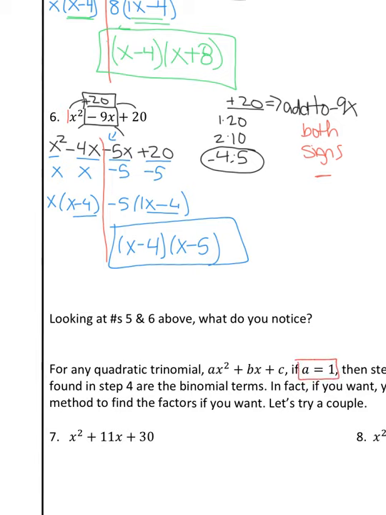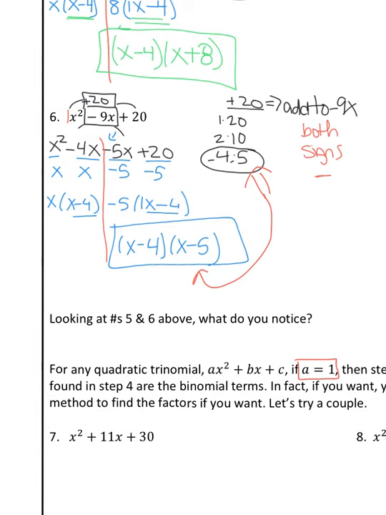If the a is any number other than 1, then this shortcut doesn't work. Then really, the binomial terms you found here, negative 4, negative 5, those dump directly into the answer. So you still got to find the binomial pairs. Once you find the binomial pairs, you have your answer. You don't even need to worry about doing all of that stuff in the middle.